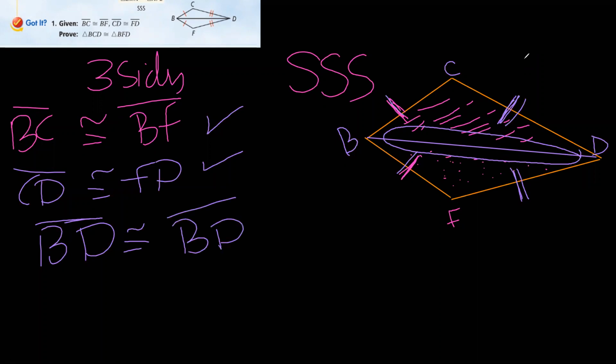How can you say that BD is congruent to BD? Because they are congruent.